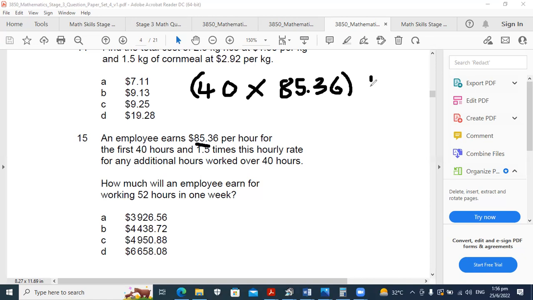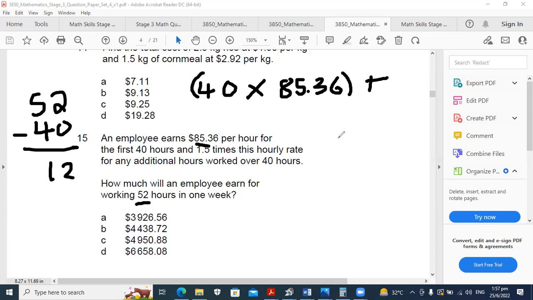Then the person worked 52 hours. So out of the 52 hours, 40 hours, she basically earns 12 hours extra, not true?